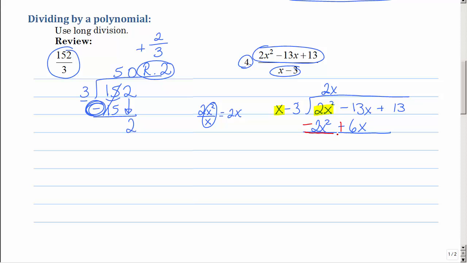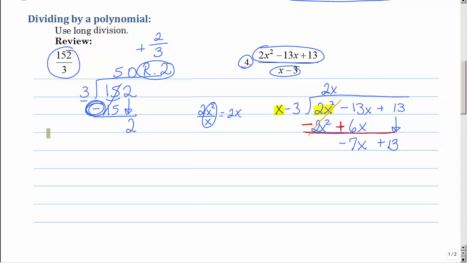So draw this line and change your signs. Now add. This first term should always go to 0. If it doesn't, you messed up. Now let's see what we have here. Negative 13x plus 6x is negative 7x, and we're going to bring down the next term.